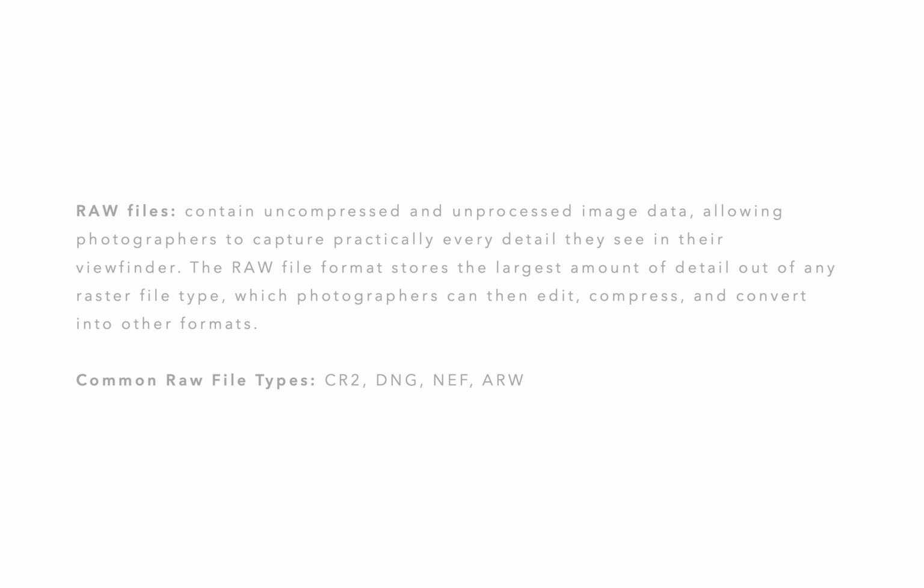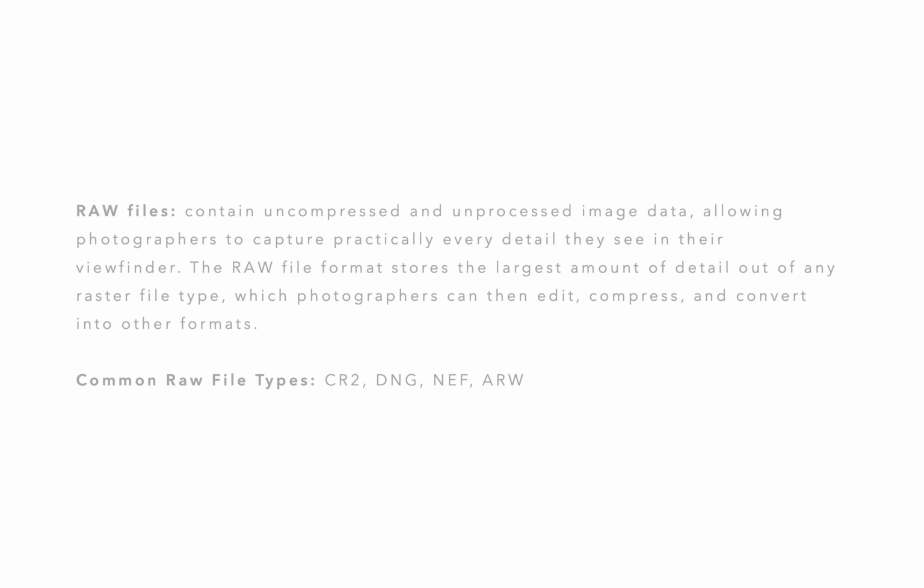Some common raw file types are CR2, that's Canon's. DNG is kind of a universal blanket. DNG actually stands for digital negative. These are pretty much the negative equivalent in a digital context, so there's a lot of data here. Then NEF and then ARW.